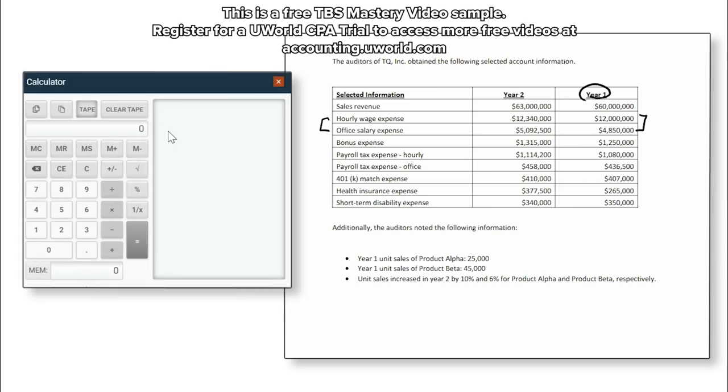So for that, I'll use the calculator. So I'm going to add 12 million plus 4,850,000, and that gives me 16,850,000. So that is my total prior year salary and wage expense.